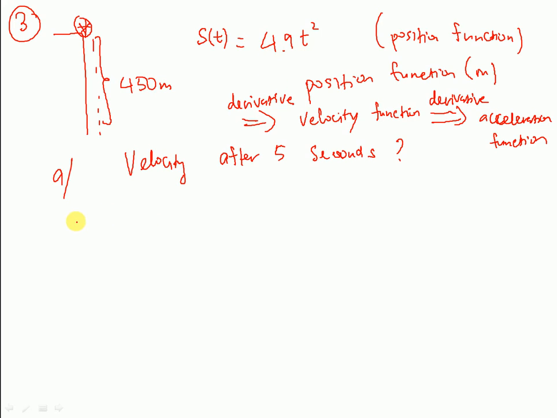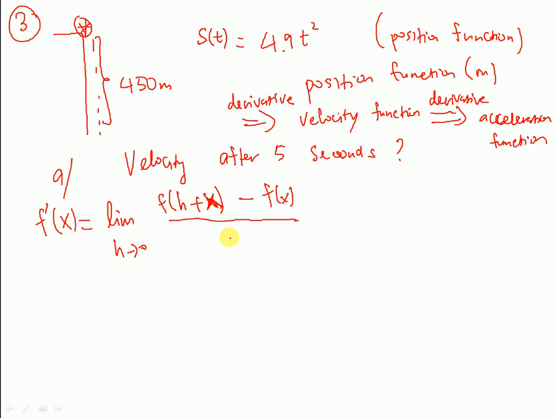The way that you do this is, remember, we have f prime of x equal to the limit when h goes to 0 of f of x plus h, minus f of x, over h.